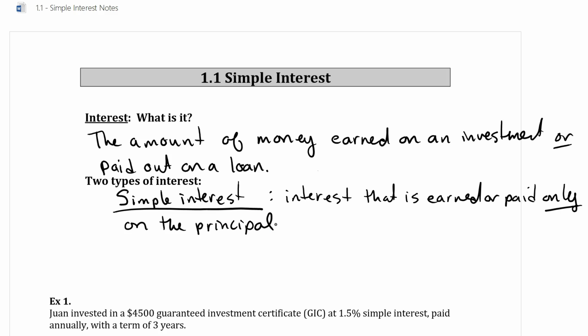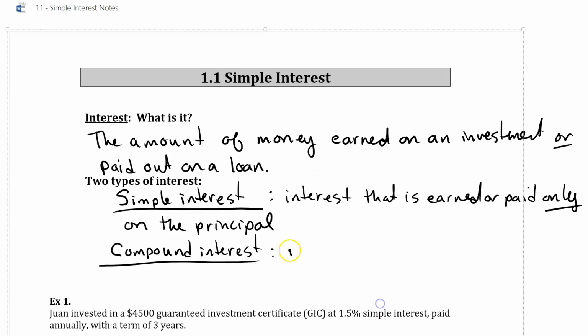Now there's another kind of interest which we will deal with tomorrow, but I want us to take down this definition so that we have it in the back of our minds. We have compound interest. Compound interest is interest that is earned or paid on both the principal and the interest that you earn, and the interest that you earn is called accumulated interest.